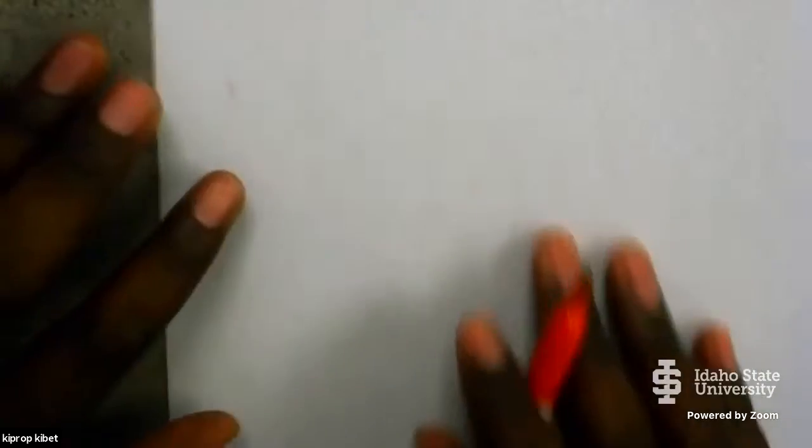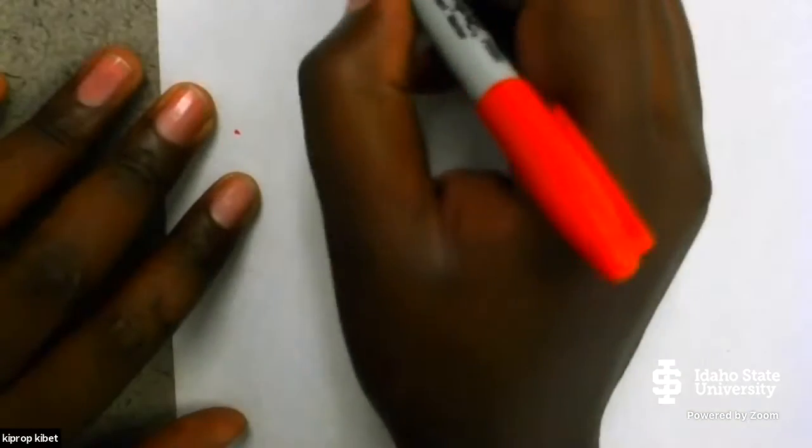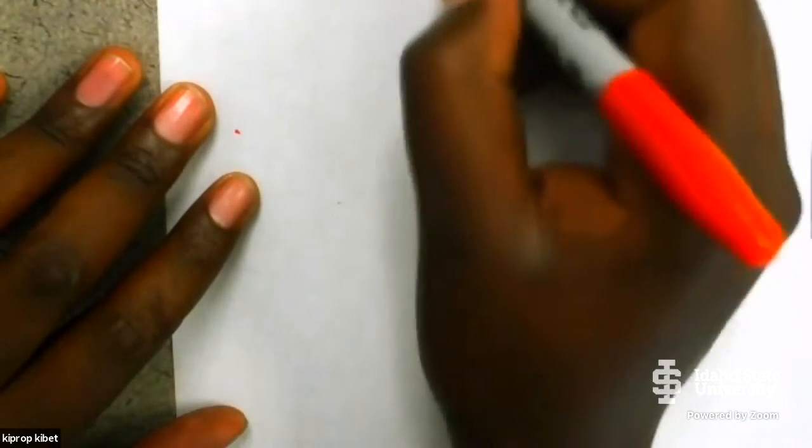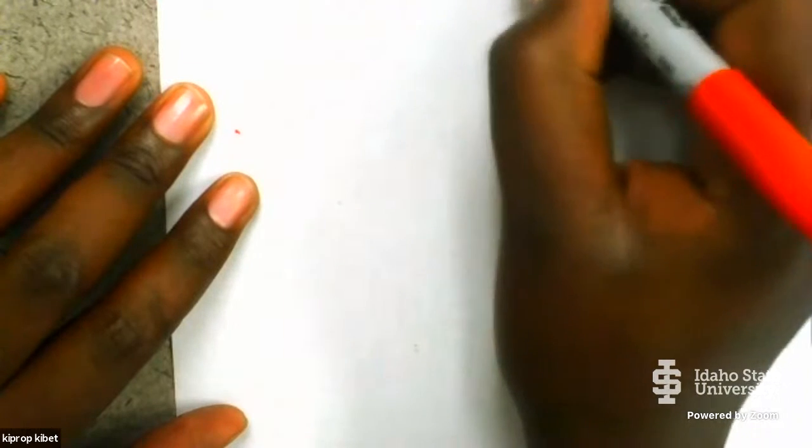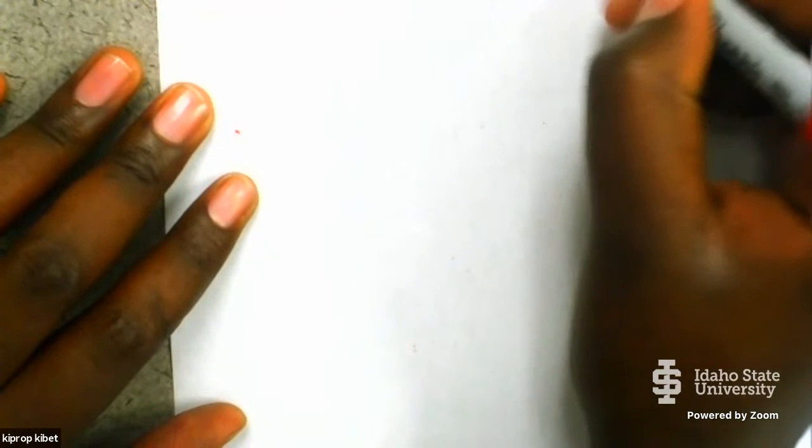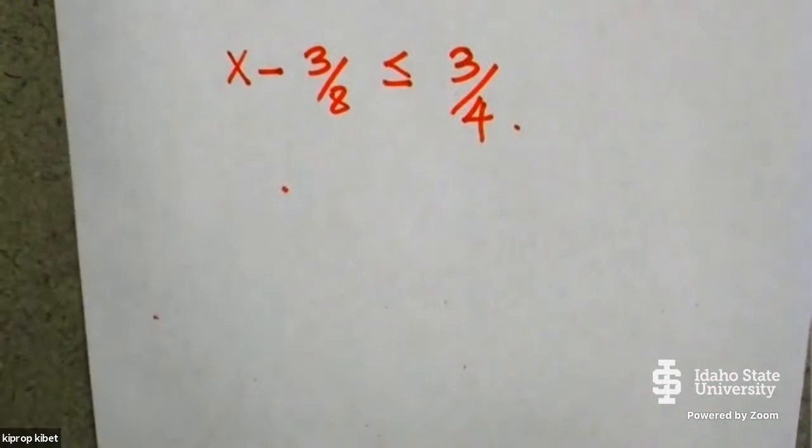All right, so let's do an example. For example, solve this one. x minus 3 over 8 less than or equal to 3 over 4.